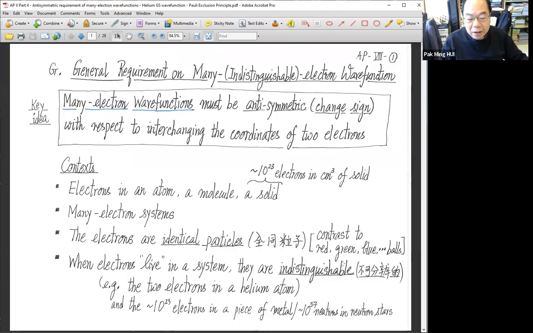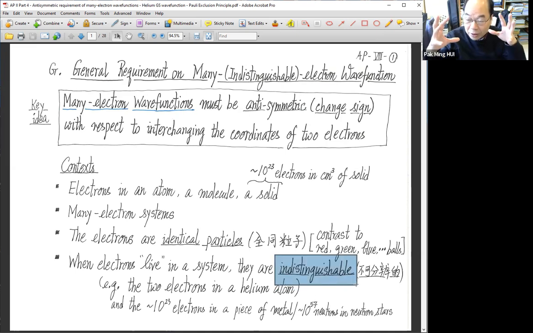In my opinion, I have an electron here in my office, and there's an electron on the moon. They are still identical. They have the same charge, the same mass, the same characteristic spin angular momentum, which is always S equals half, etc. However, I believe if my electron is here and the other electron is on the moon, I can distinguish them by their locations. So the key idea about this requirement is more about the indistinguishability.